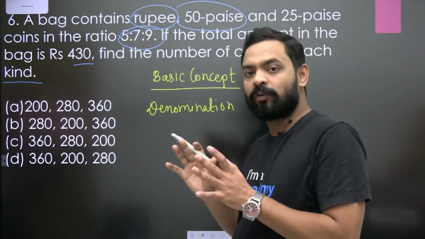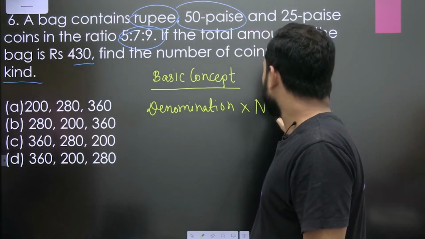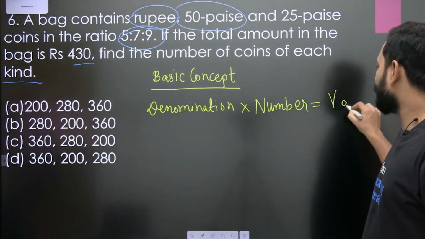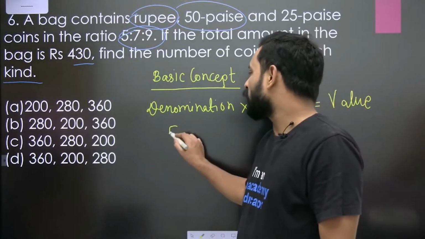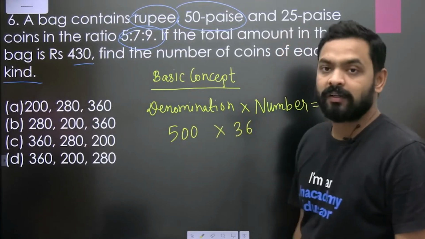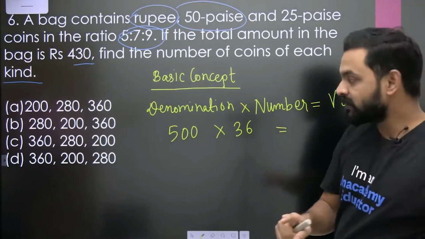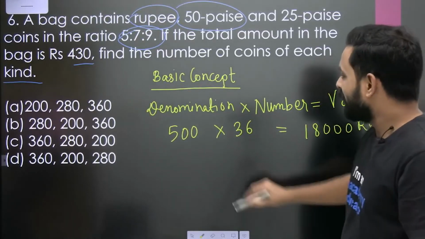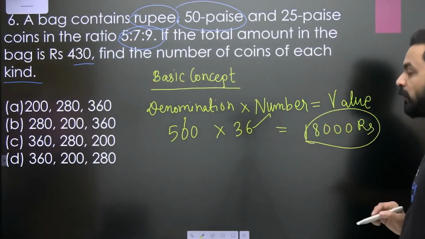All of these are denominations. Denomination into number of coins or notes is equal to value. Suppose you have 500 rupee notes, 36 notes. 2 notes make 1000 rupees, so 36 notes make 18,000 rupees. So this is the denomination, this is the number, and this is the value.